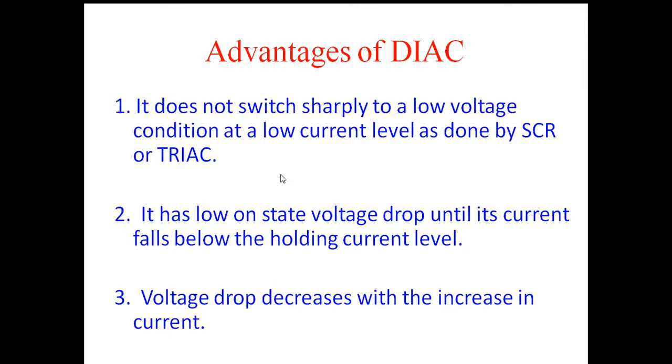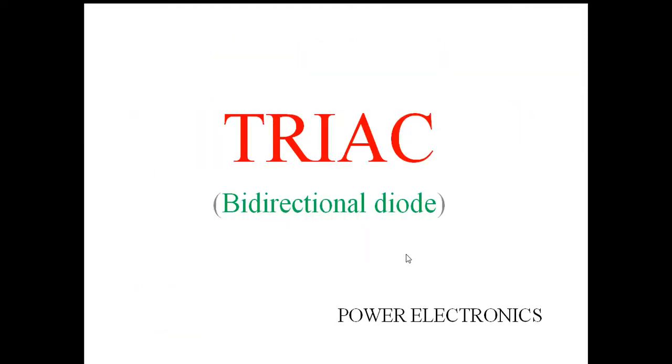That's why it has a low on-state voltage drop until the current falls below the holding current level. So whenever the current decreases, the on-state voltage drop of the diac will be very small compared to the SCR and triac.